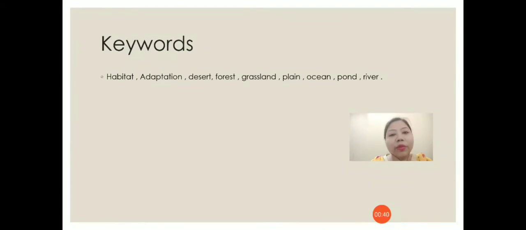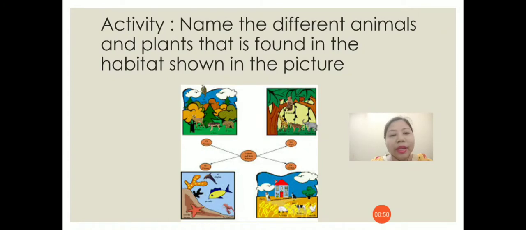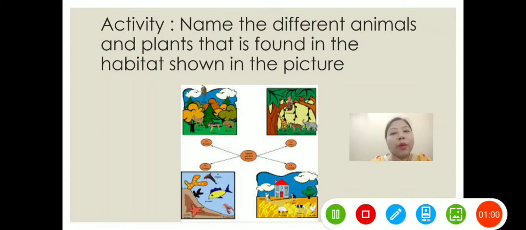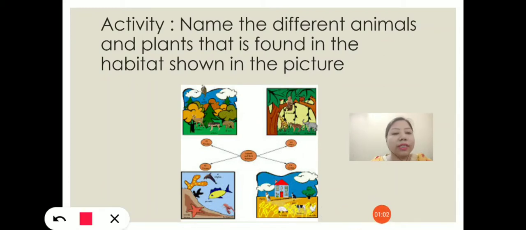The keywords which we will be using are habitat, adaptation, desert, forest, grassland, plain, ocean, pond and river. This is an activity. You need to name the different plants and animals that are found in the habitat shown in the picture. So children, I want all of you to try out this activity.